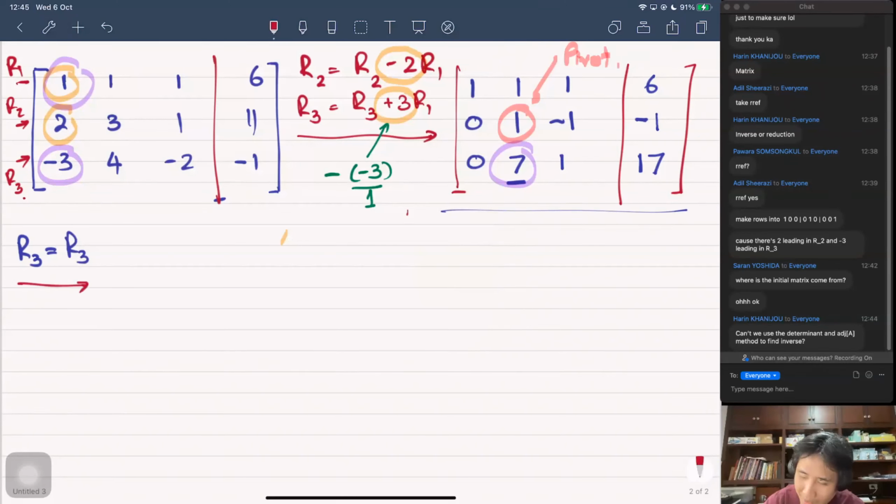Row 3 is going to be row 3 minus 7 row 2, and minus 7 comes from that 7 over 1, and then there's a minus sign. So remember, you need to compute this factor as well.